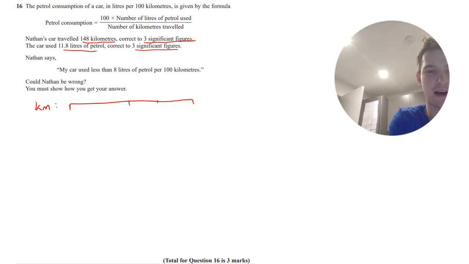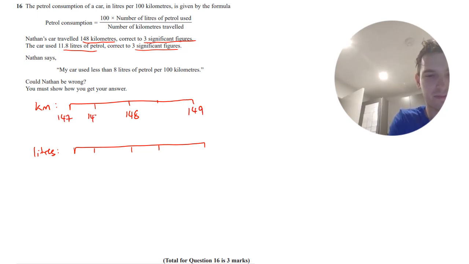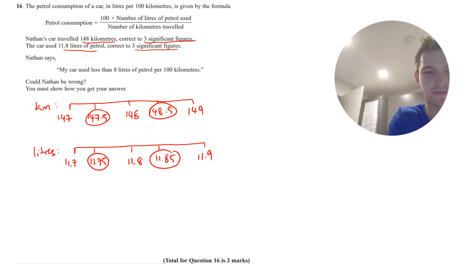Okay, so my first thing is to find out my bounds. So I need to find out my bounds for the kilometers it travels and the litres it uses. So I can do that fairly straightforwardly. We've done lots of this, practicing this in class, so we should all be feeling confident.